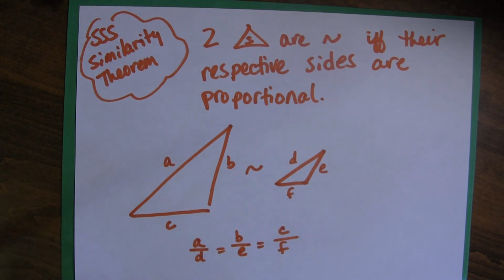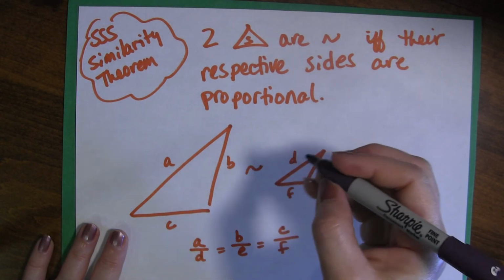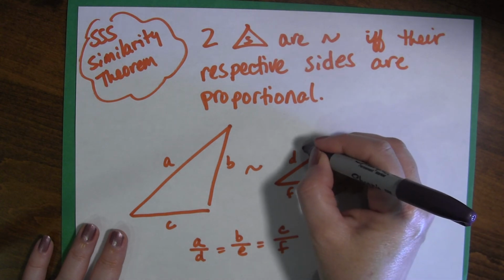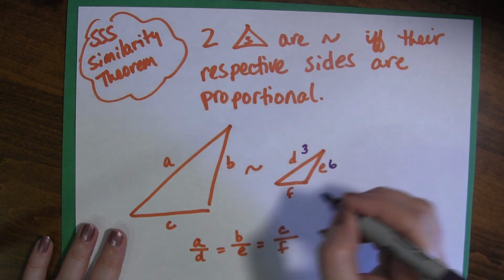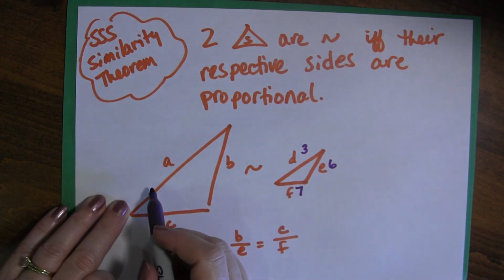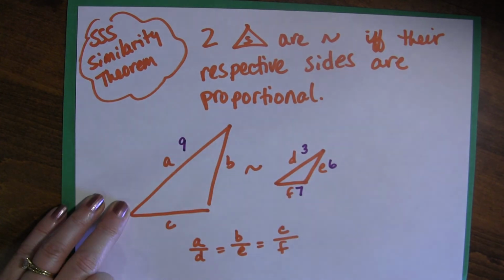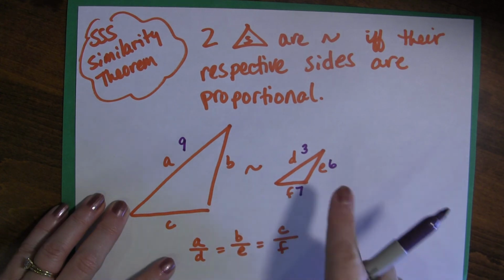And again, just to make sure that we are clearly on the same page, if I say that this is 3 and this is 6 and this is 7, then over here I could say that this is 9 because I'm going to have 3 be my magic number.